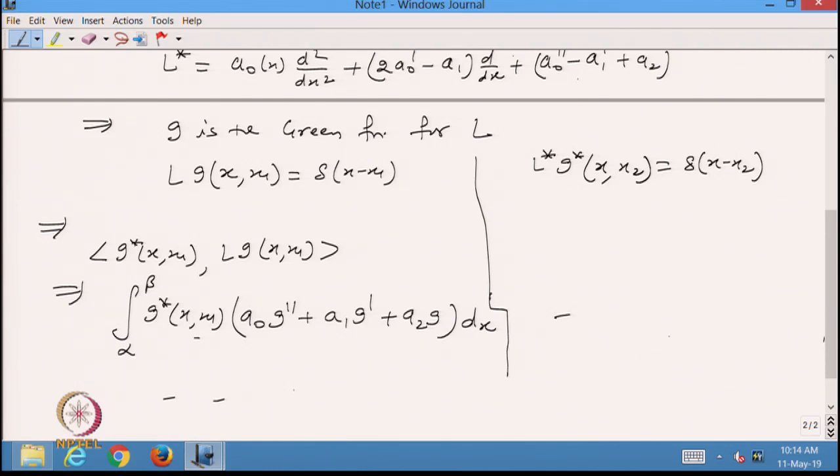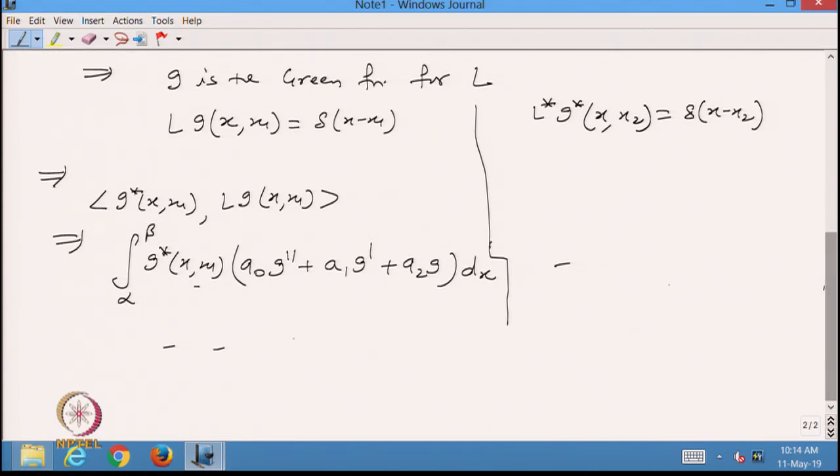Now I can find the solution for this one, and we found that this will ultimately lead to the integral from alpha to beta of L star G star into G dx, which is a function of x.